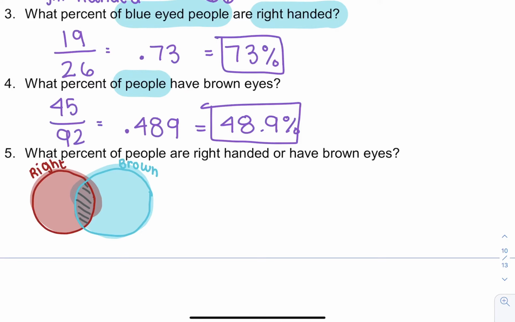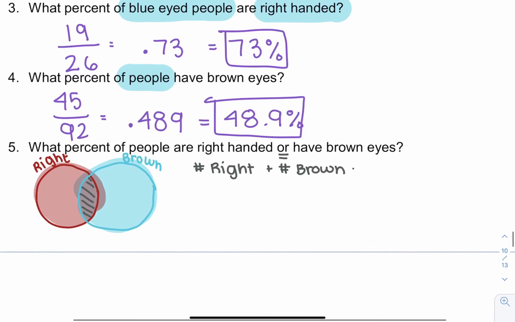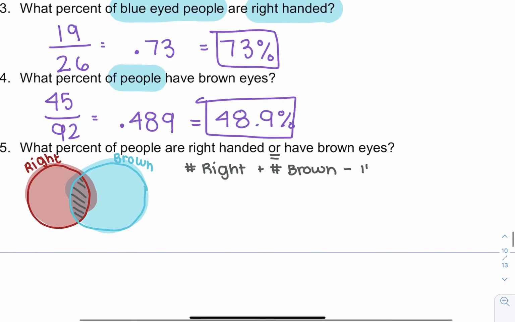So what my formula is going to be when I have something like this or that is I'm going to add up the number of right-handed people plus the number of brown-eyed people, and I'm going to subtract off once the number of people that are right and brown-eyed, because I count them twice. I only really want to count them once.